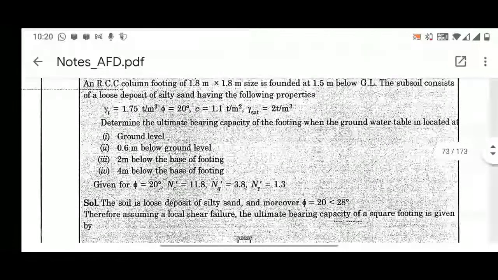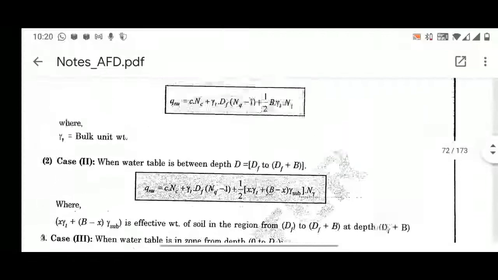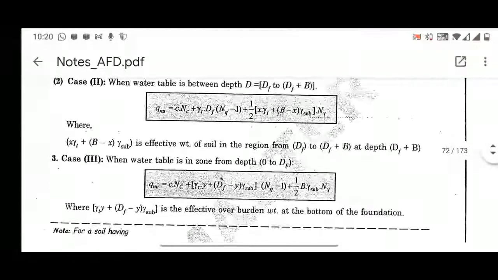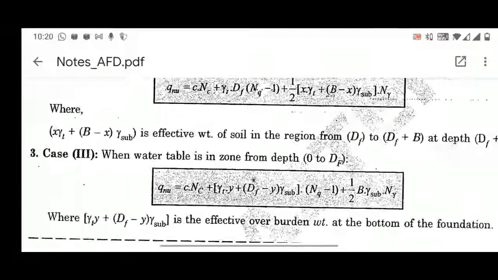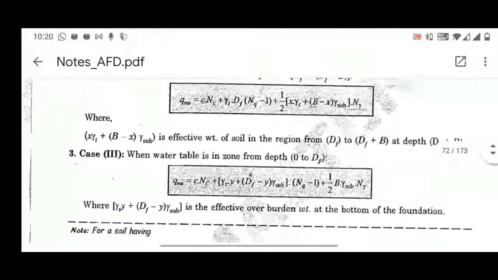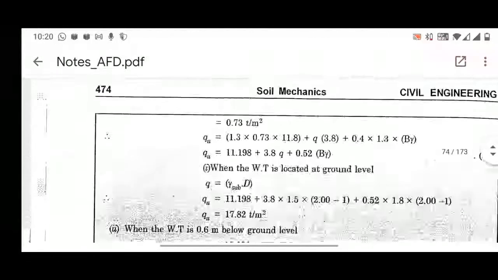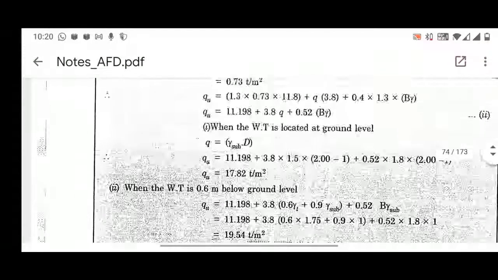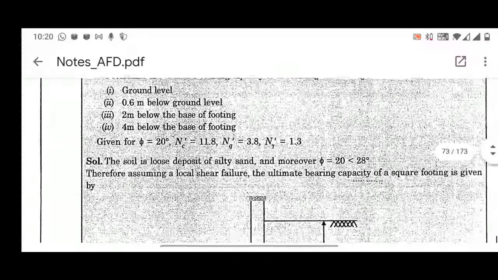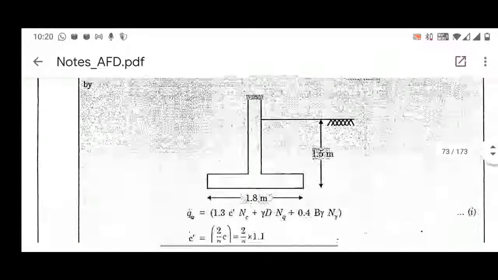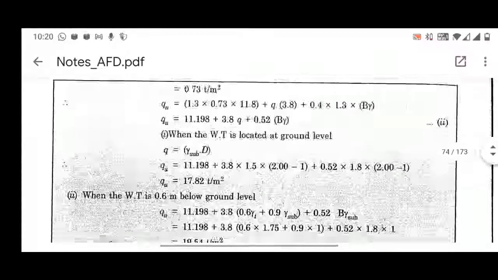We can easily see case 1 also. Let me go through what they have done. This is case 3 basically, not case 1. In case 3, what they have done is gamma t into y plus df minus y into gamma submerged. So the water table is 0.6 meter below the ground level, so y will be 0.6 meter.